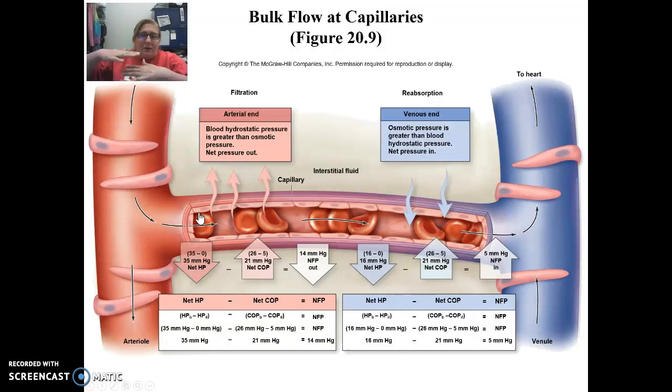On the other end, though, you've lost all that fluid, so now you have less fluid inside, but you still have the same amount of solutes. So those solutes are going to have a higher pull on the venous end, which is why we're going to pull fluids back in on that venous end. Okay?